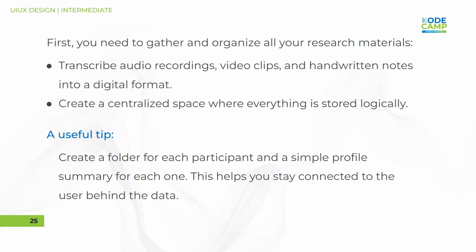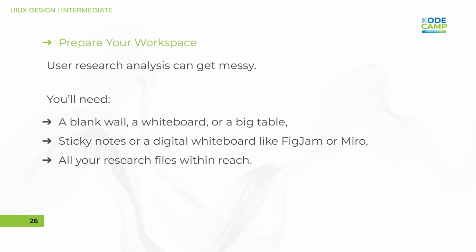All right, this we can do by preparing our workspace. When doing user research analysis, it can get messy because there is a lot of data you might want to analyze. So what you will need is a blank wall, a whiteboard, or a big table. You can use sticky notes or a digital whiteboard, like FigJam, which has provision for that.